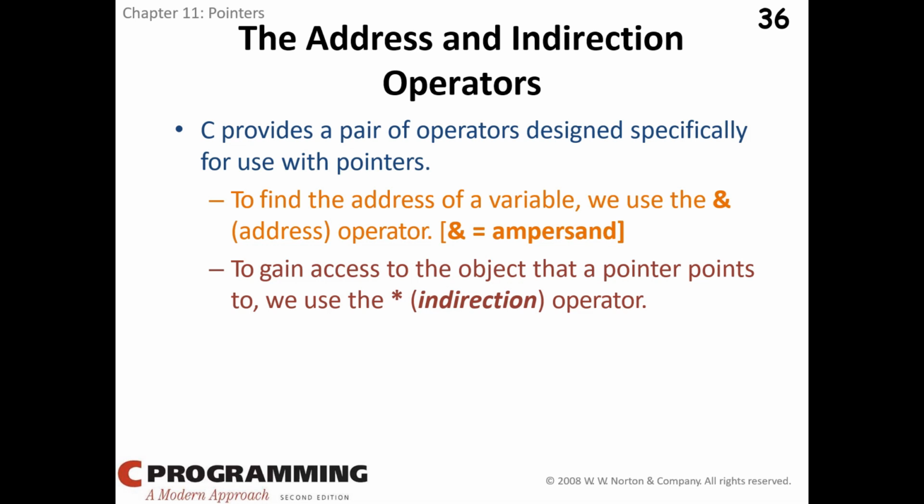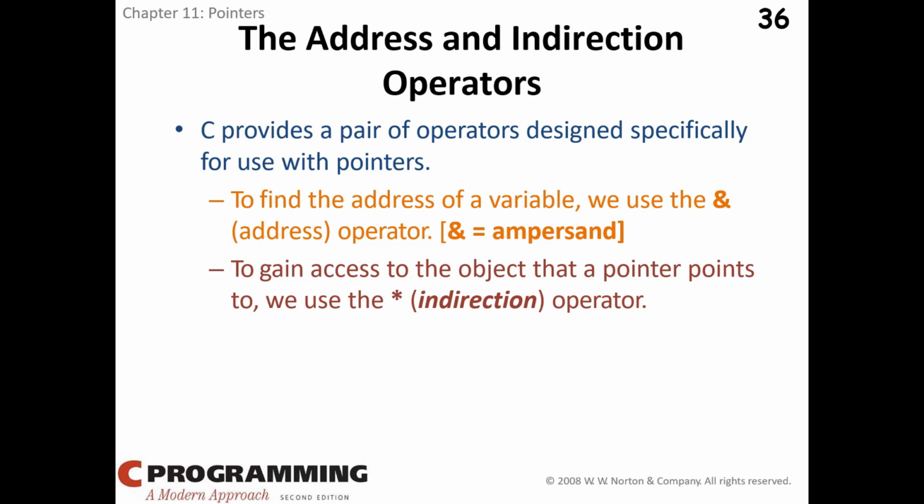In C, we have specialized operators designed specifically for working with pointers. Firstly, to find the memory address of a variable, we use the ampersand operator, the & symbol, which is called the address operator. This operator allows us to retrieve the memory address where a variable is stored in the computer's memory.